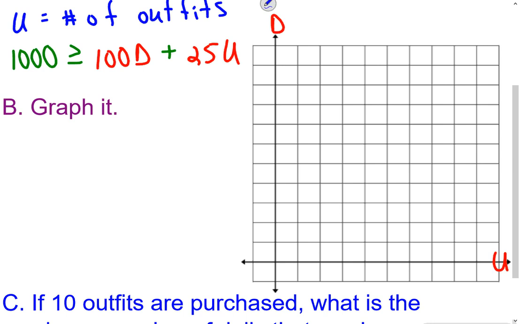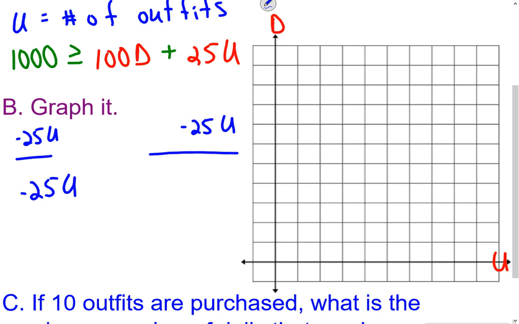All right, so I need to get the 25u to the other side. So I'm going to subtract the 25u from both sides. And now I would have negative 25u. Oops, I almost forgot the 1,000. Plus 1,000 is greater than or equal to 100d.